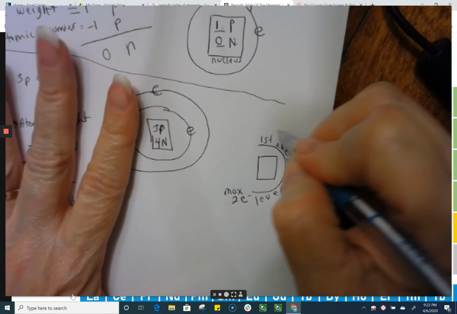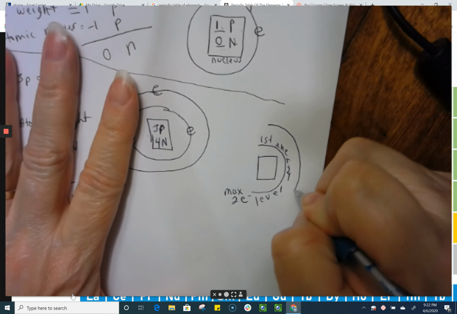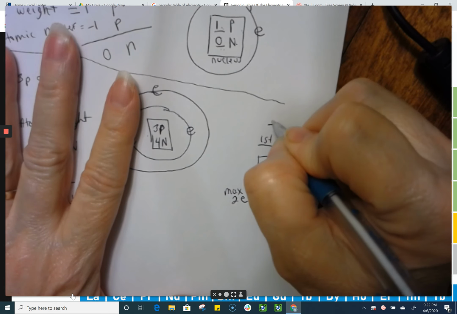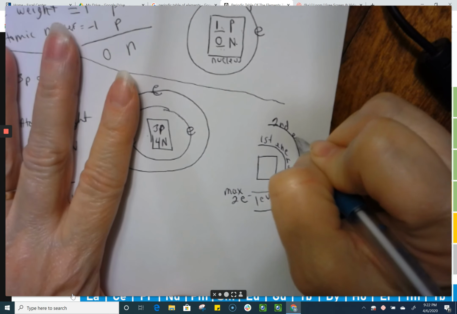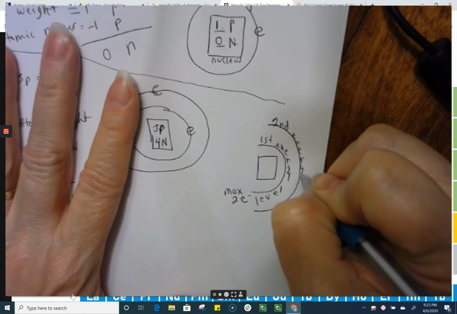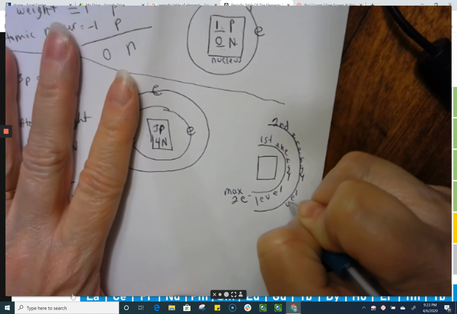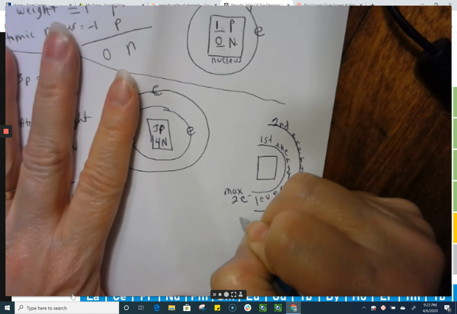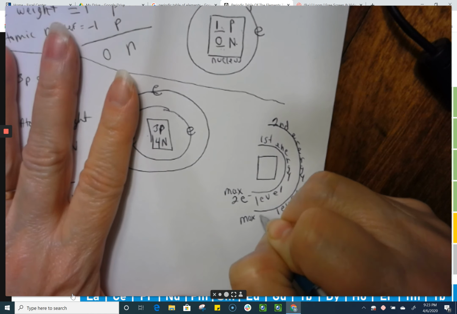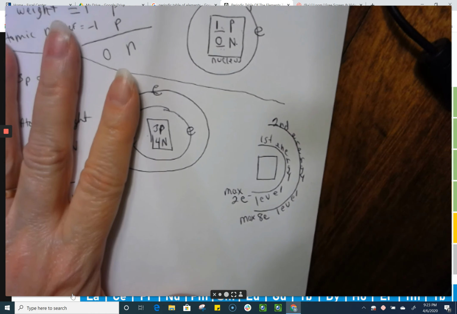The next level out, you figured it out, is the second energy level, and it maxes out with 8 electrons.